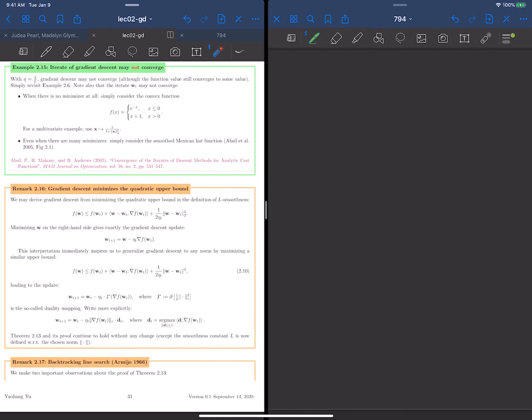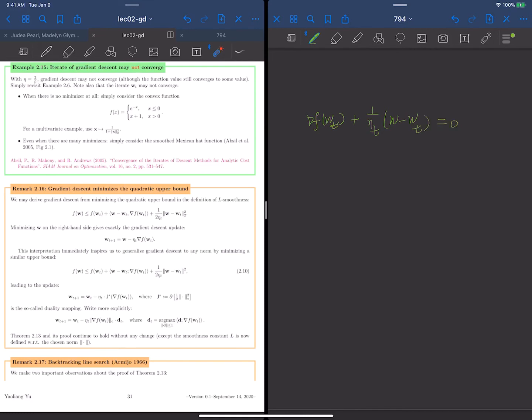So if I take the gradient here with respect to w on the right, what I'm going to have is the gradient of f of wt for this term here, and for the quadratic term, I'm going to get 1 over eta t times w minus wt. You should verify this by yourself.